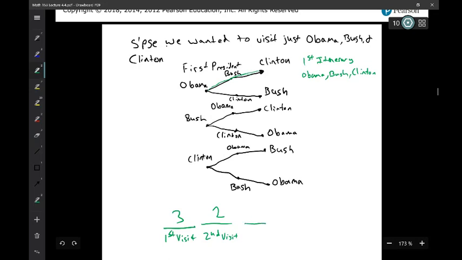And then your last visit, your third visit, well, there's only 1 possibility. So you start off, there's 3 possibilities: Obama, Bush, Clinton. Once you've visited one of them, then there's 2 possibilities. And once you've visited your second, there's only 1 possibility. So this would be 3 factorial, or 6 itineraries.